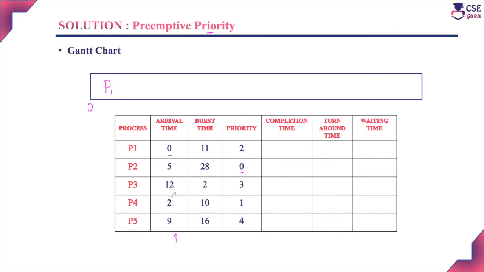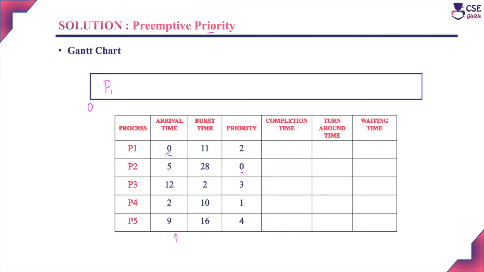Whenever a new process enters, the scheduler compares the priority of the executing process with the new process. If the new process has higher priority, the executing process will be preempted without completing its execution, and the new process will be assigned for execution. So this is the preemptive priority algorithm.